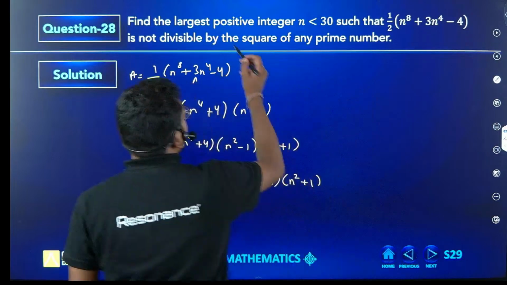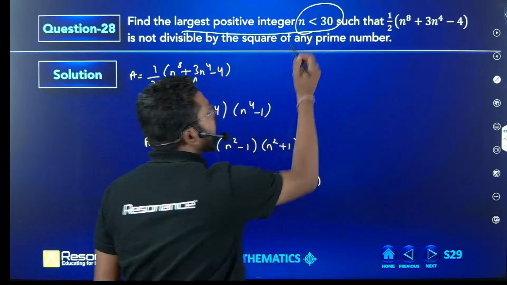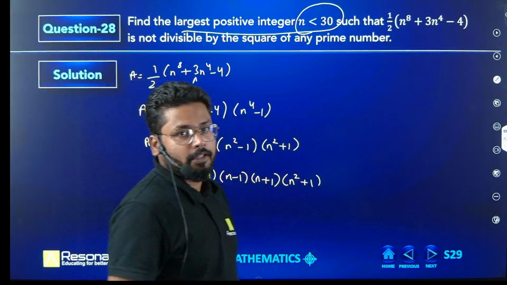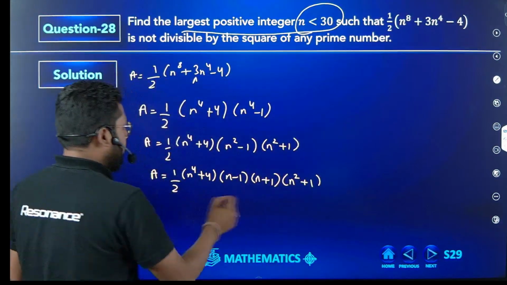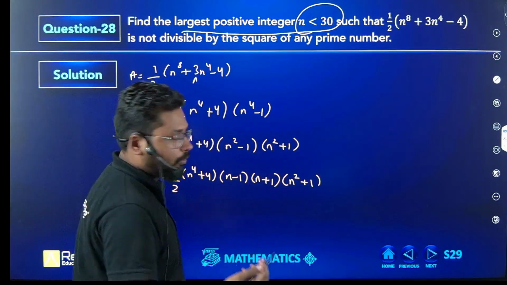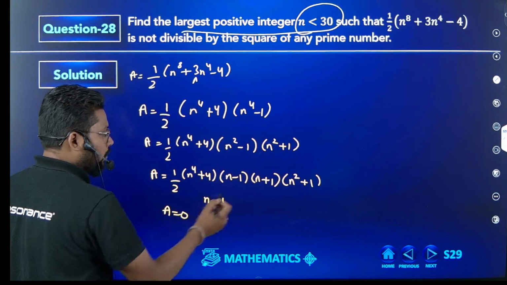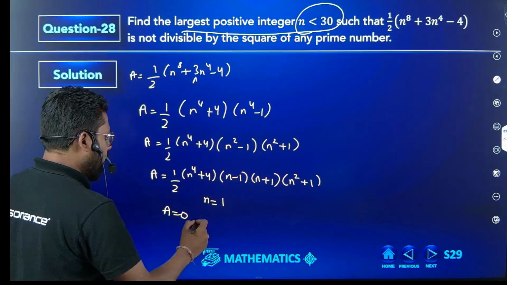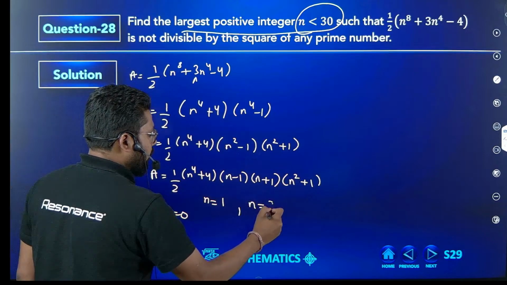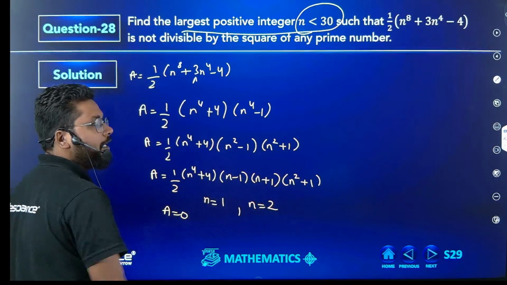So we have to find the largest positive integer n less than 30. By hit and trial method we can find out. If you put n equals 1, then a will be 0 because 1 minus 1 is 0. If you put n equals 2, you will find this value is divisible by some number.